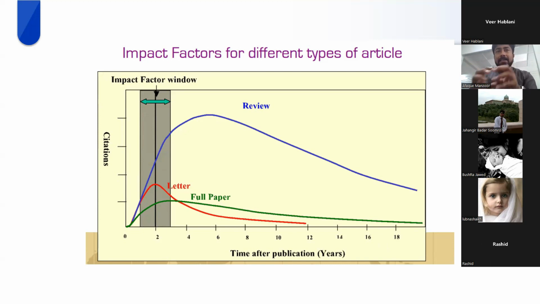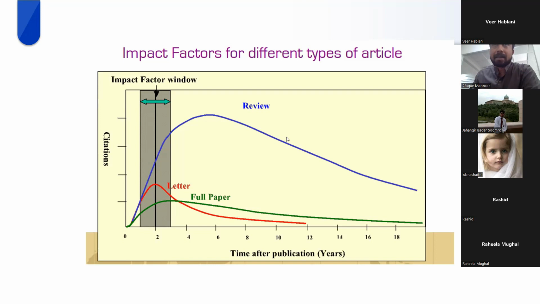And then a letter is actually a short research paper, in which, as I told you, we normally focus on results and less explanation is given. And the third one is the review article. You can see over here that the review article has a higher number of citations, even up to 18 years, if we consider this specific case.